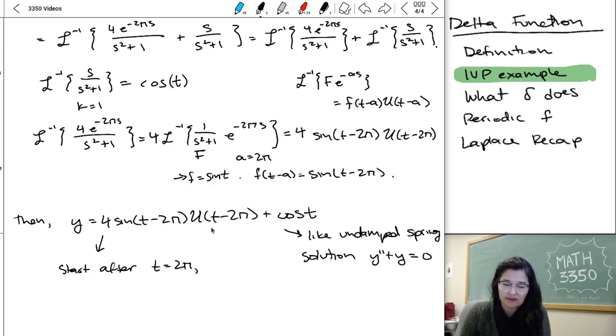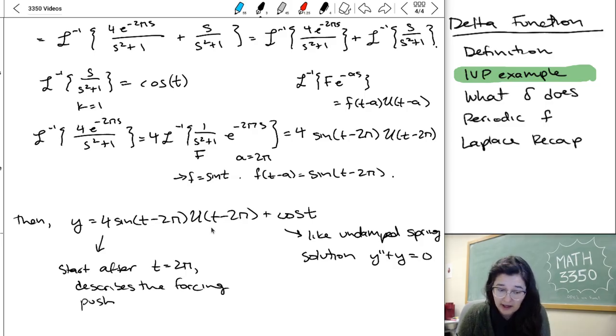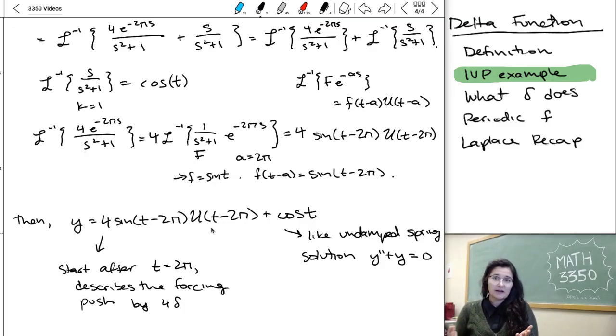And it's just describing the forcing push that happened at that time, t equal 2 pi, which was defined by that 4 delta at t minus t0, t0 being 2 pi. So it's kind of cool.